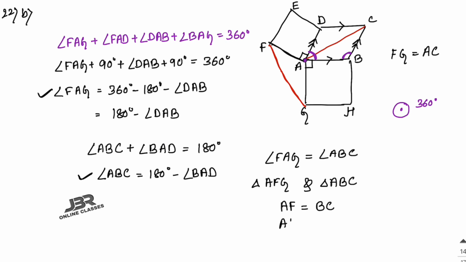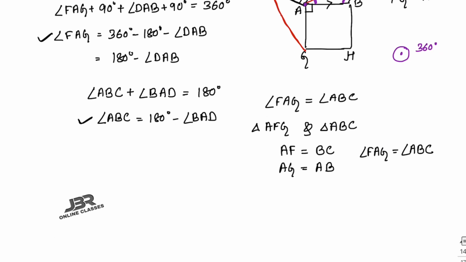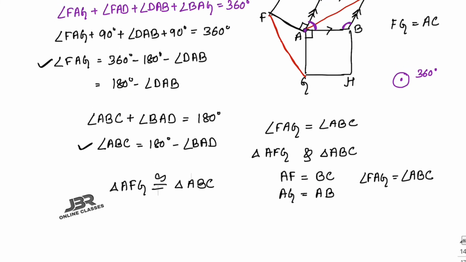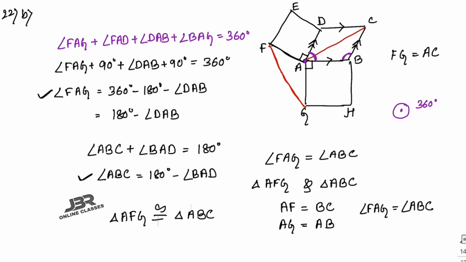Similarly, AG is equal to AB, and the third one, angle FAG is equal to angle ABC. That means triangle AFG is congruent with triangle ABC. Now if these two triangles are congruent, then this side FG is equal to AC by CPCT. So FG is equal to AC by CPCT, and it's proved.